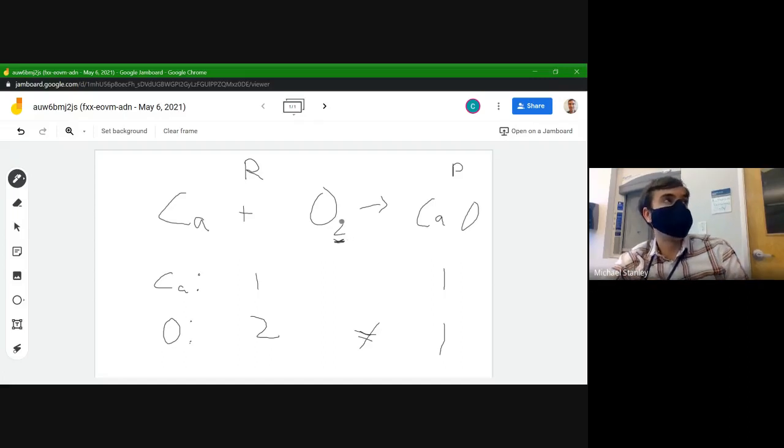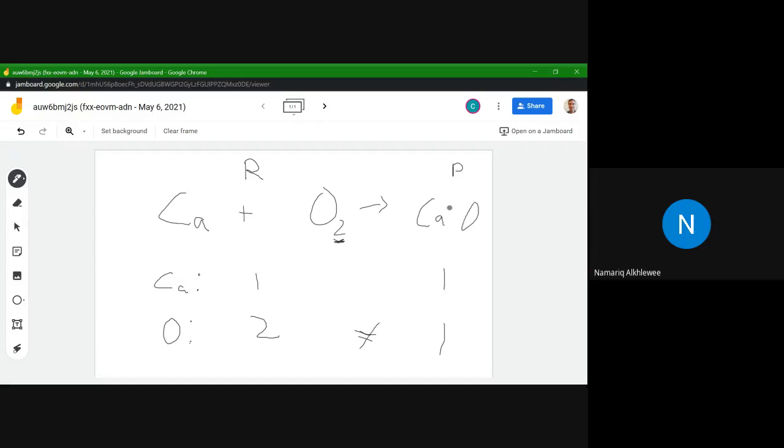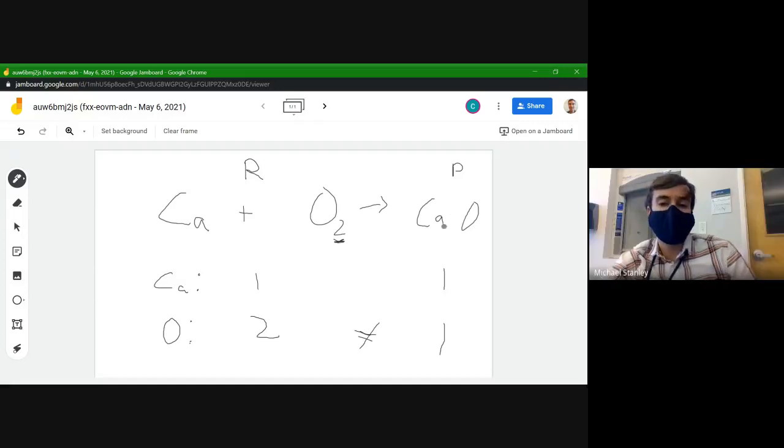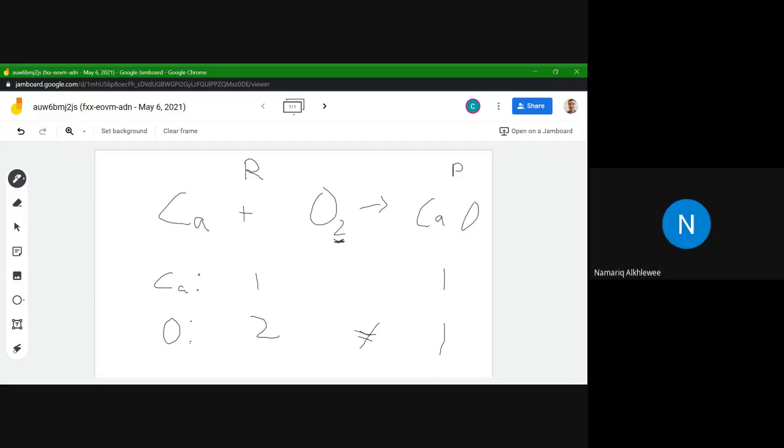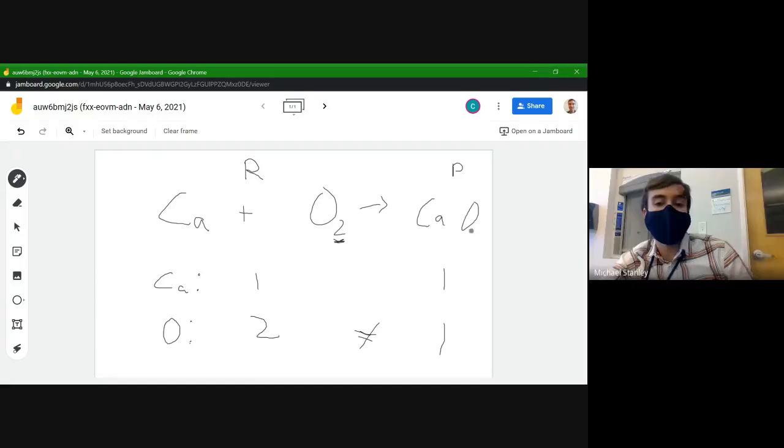We have 2 O's over on the reactant side and 1 over on the product side. We cannot do anything about these 2 over here because this is a subscript. We're not allowed to change the subscript. So what can we do? Change the other side too. So we can't put a 2 down here because remember, that would be messing with the subscripts and we're not allowed to do that.